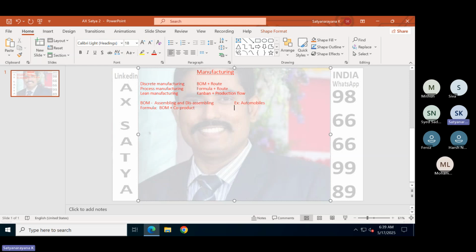Examples for this are the food industry, medicines, the pharma industry, and food industries, which are formula-based. Here, once it is combined, you cannot separate it.